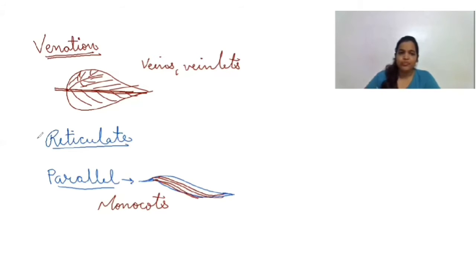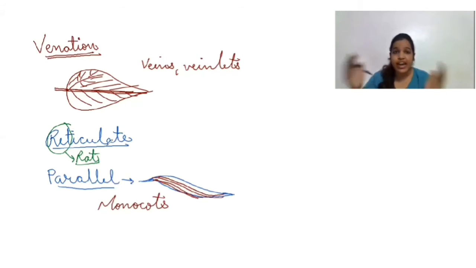Reticulate venation. Now, this spelling is R-E-T, but let me tell you with R-A-T, rat. If a rat comes into our home or into our house, what do we use? We use the net, or no, wait. You have heard the story of a rat and a lion, where the lion was first disturbed by the rat and he didn't kill him, and then the lion was captured by the hunters in a net, and the rat came and he cut down the complete net, and then the lion was released.